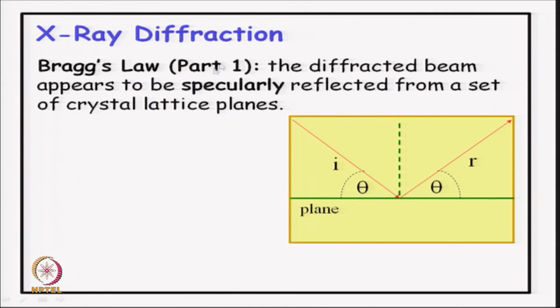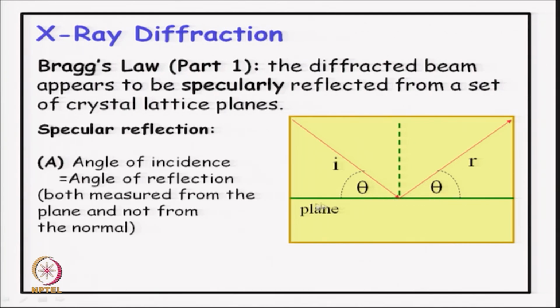Let us make it clear what a specular reflection is. We all know that specular reflection means reflection from a mirror, which follows the law of reflection. All of you are familiar with the laws of reflection. The first law is that the incident beam and the reflected beam make the same angle with the plane or the plane normal. So, the angle of incidence is equal to the angle of reflection.